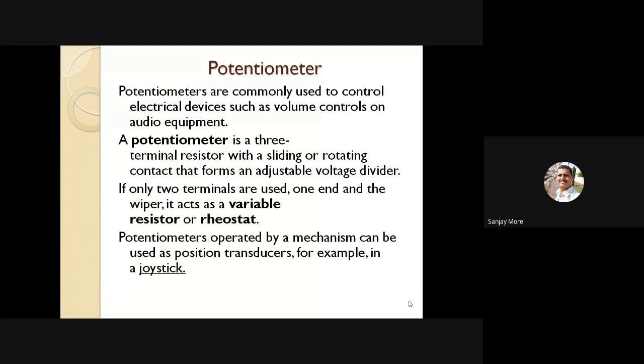Full stop and next line. It is a three terminal resistor with a sliding or rotating contact that forms an adjustable voltage divider.